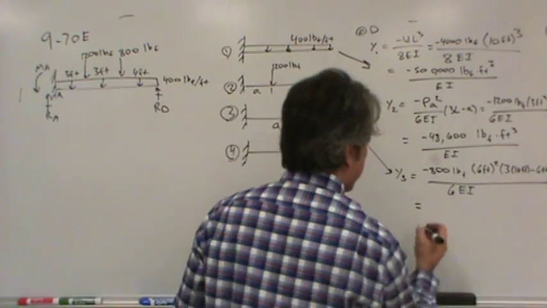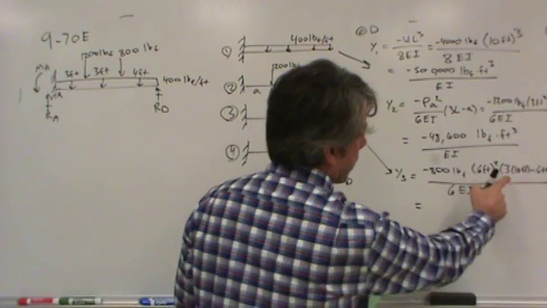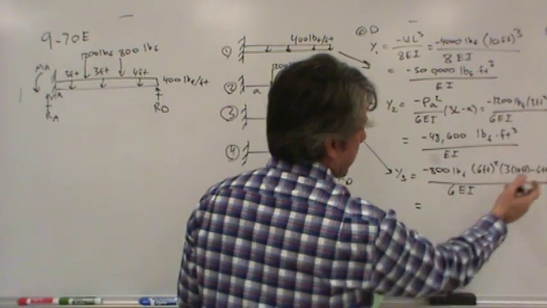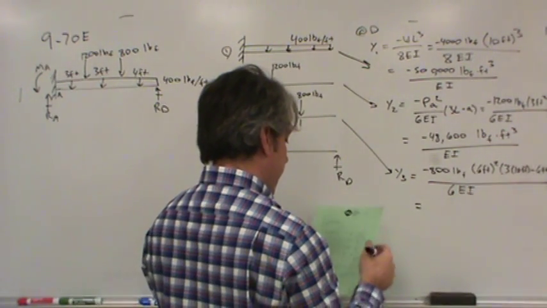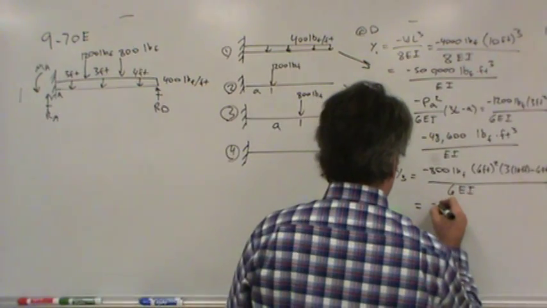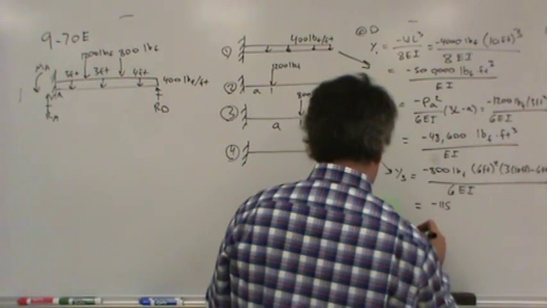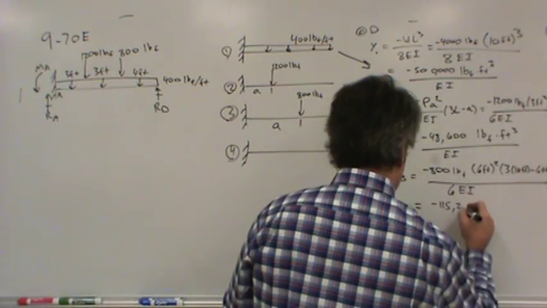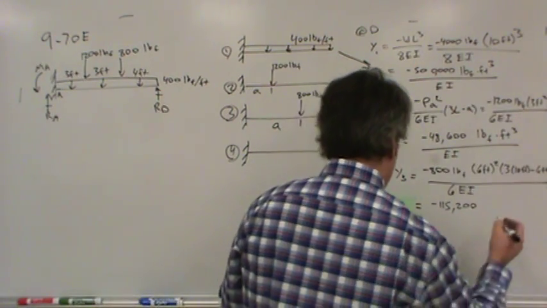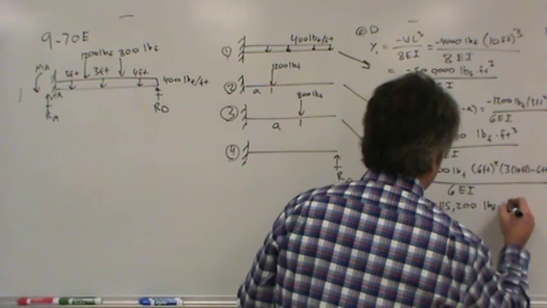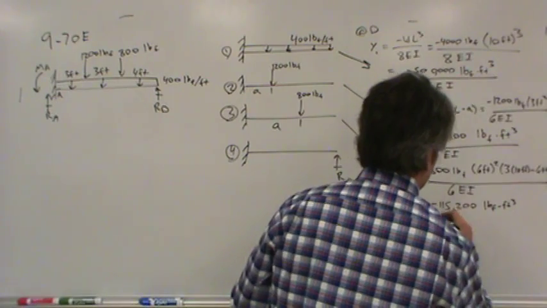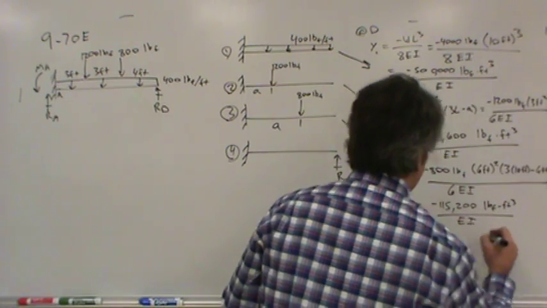Plug all of that in your calculator, the 800, the 6 squared, the 30 minus 6, 24 over 6. You should get negative 115,200 pound force cubic feet over EI.